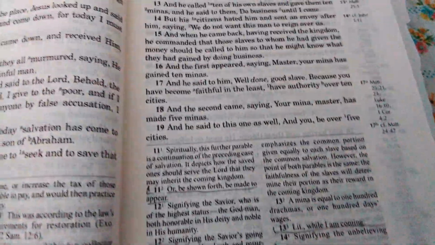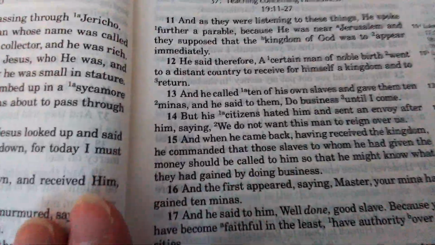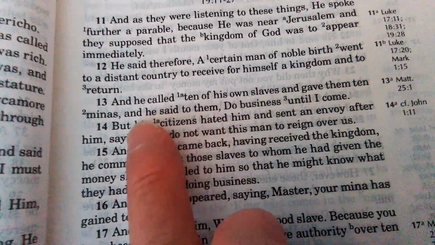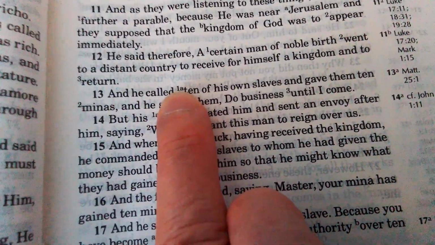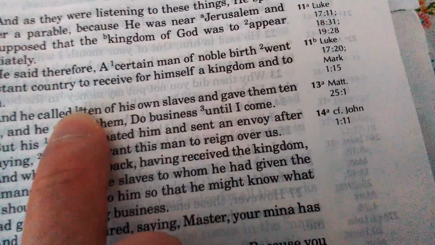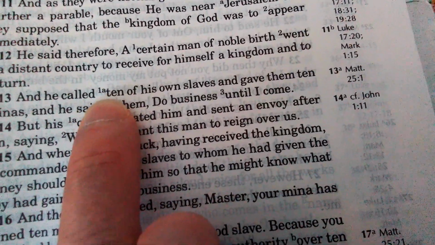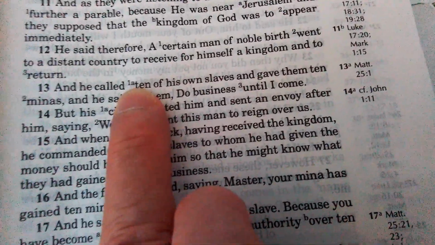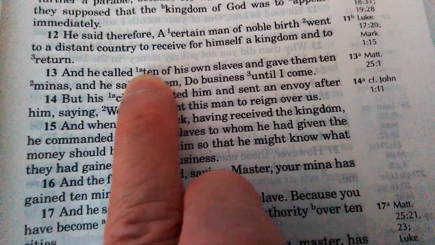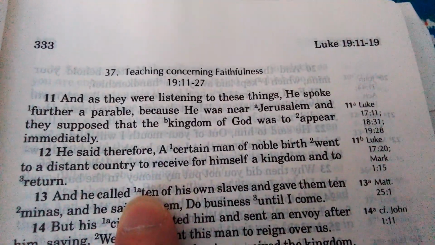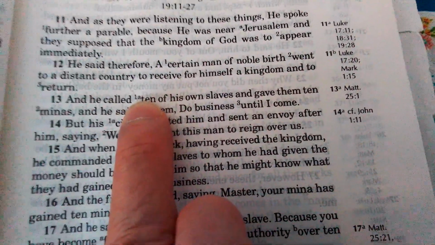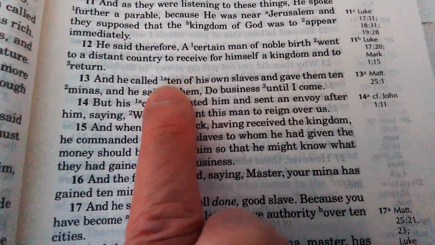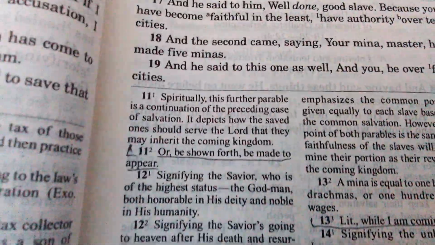And what is good about this is that not only do we have an excellent translation, with 1a and so on, like 13, there's an a right there, and that reference is to Matthew 25:1. Now, what book are we in now? We're in Luke, okay? But also notice that 1 down there for verse 13. It is talking about 10 of our own slaves.